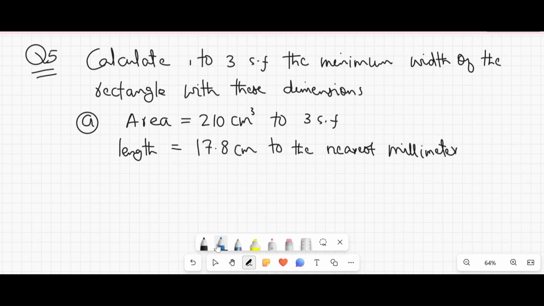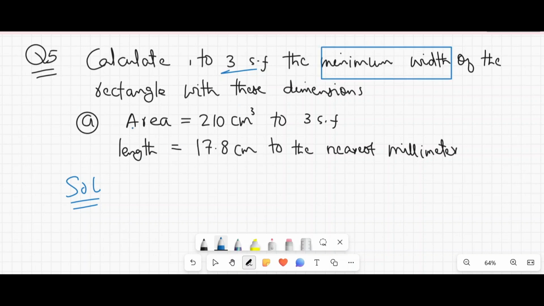So the question says to calculate to three significant figures. So the answer should be in three significant figures. The minimum width of a rectangle with these dimensions. So now what we have to find is the minimum width.